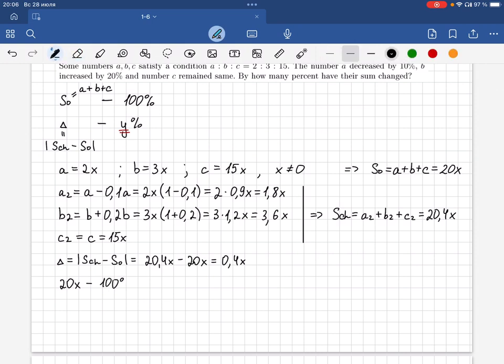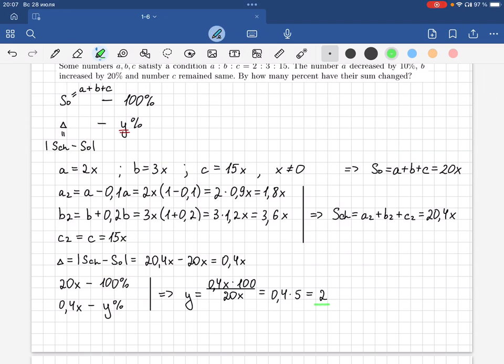It corresponds to 100%. Our delta is 0.4x and it corresponds to y%. And from here we can find our y. So y is just 0.4x multiplied by 100 divided by 20x. So this is 0.4 multiplied by 5, which equals 2. And this is the answer.